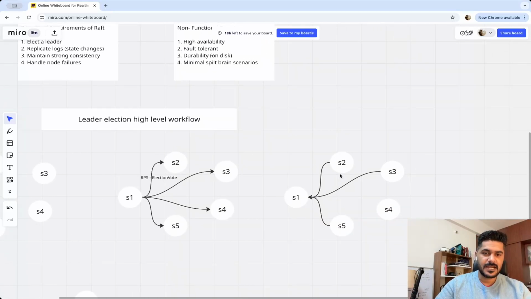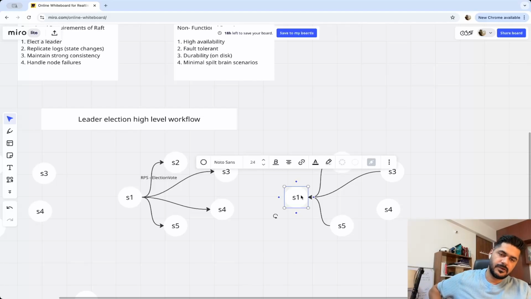Now, some or all of the servers will respond over RPC to that particular S1. First, it votes for itself, saying I am the leader. Then the others send the response to S1 if it requested first.